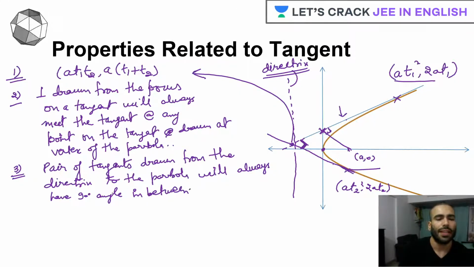Or you can say the angle between a pair of tangents drawn from the directrix will always be 90 degrees. Okay, now let's have one more property.